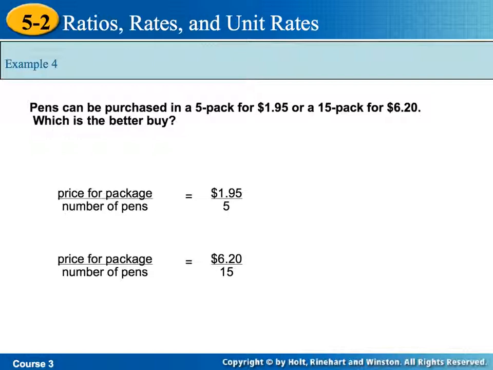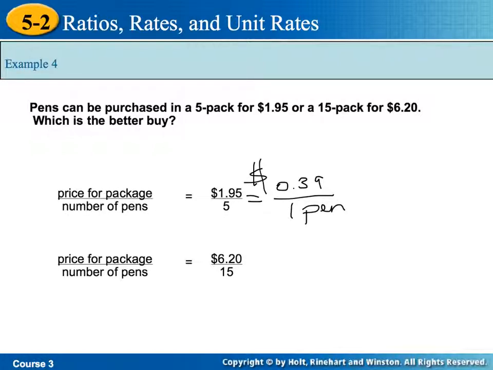If I want to figure out $1.95 for 5 pens, I want to figure out how much it would be for 1 pen. How I would do that is divide it by 5. I'd take 1.95 divided by 5, and that's 39 cents per pen.